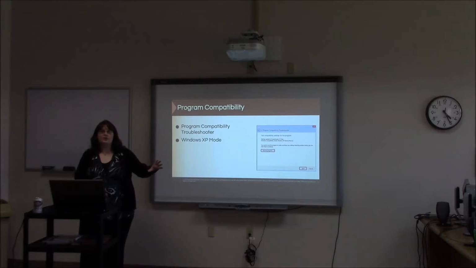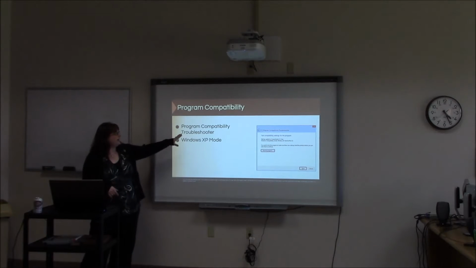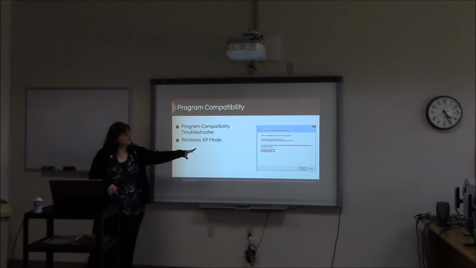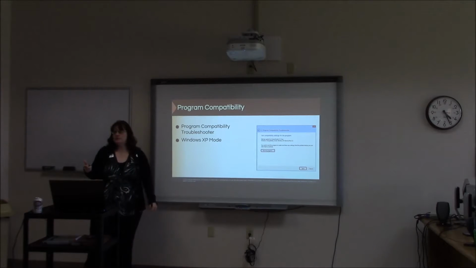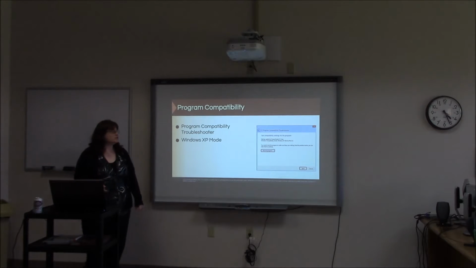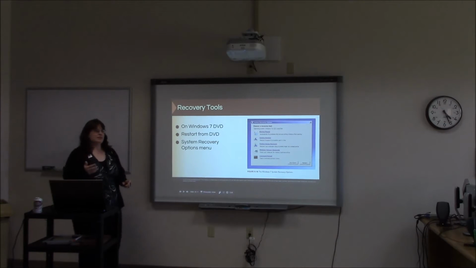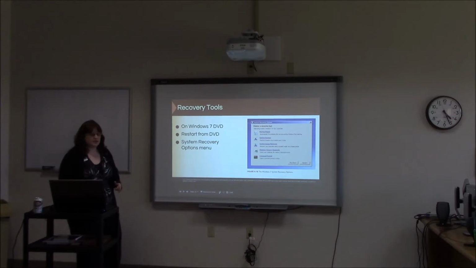Well, they use Windows XP Mode, which I think has been discontinued at this point, but you can make the program think it's running in Windows XP, even if it's running in Windows 7, which is kind of a cool feature and ends up being pretty handy in situations for older, or what we call legacy, applications that maybe don't work so well in Windows 7, or maybe not at all.